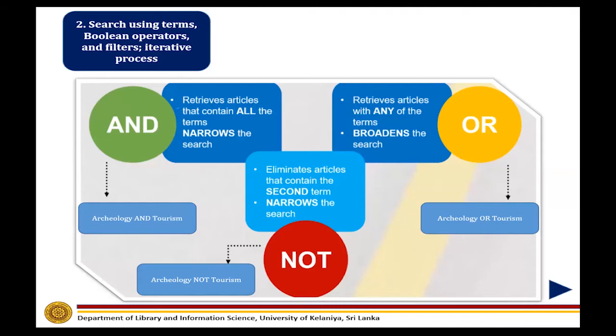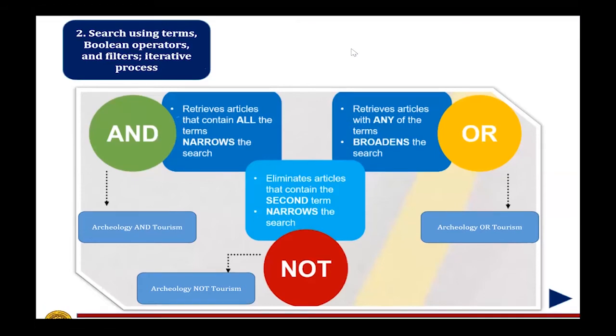Now I will quickly stop sharing the presentation slide. Instead, I would like to bring you to the practical environment to show you how we could expand or narrow down these searches along with our keywords or synonyms, and also by using such search strategies. So we will quickly look at that.